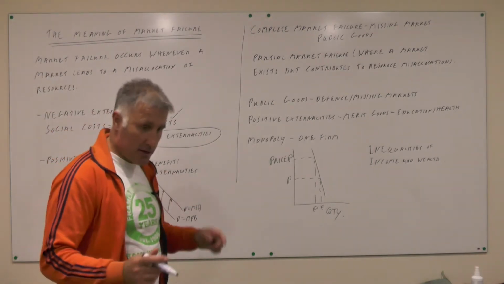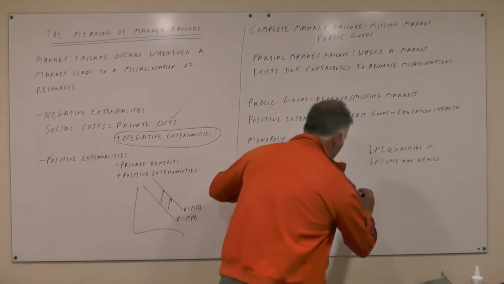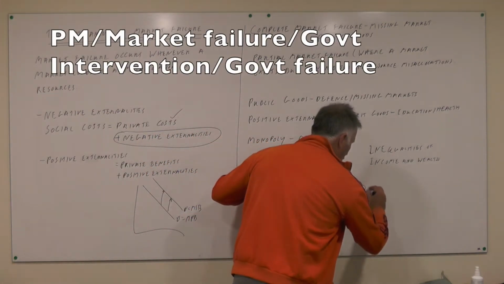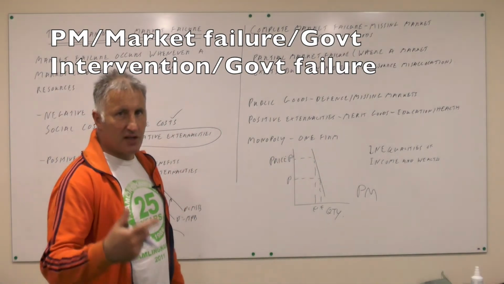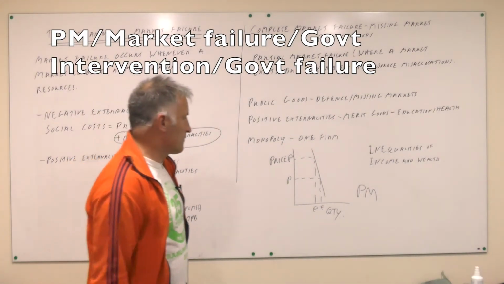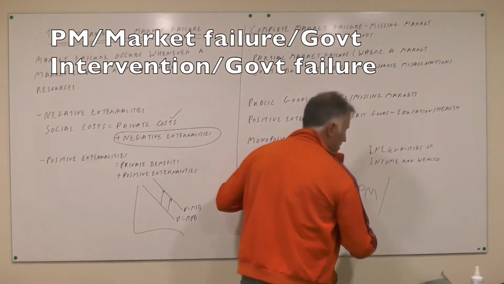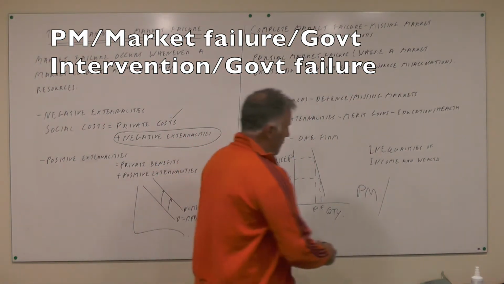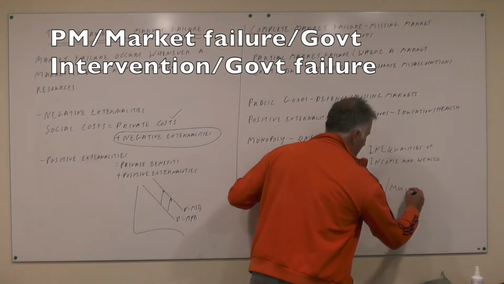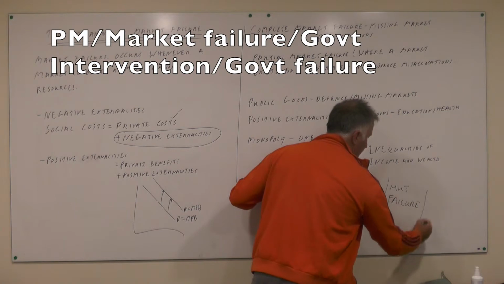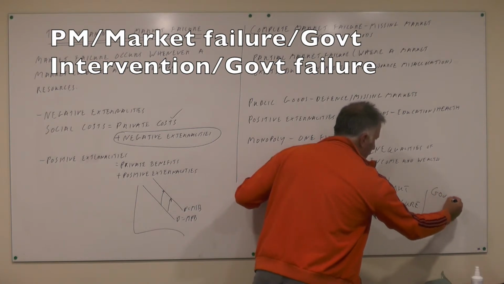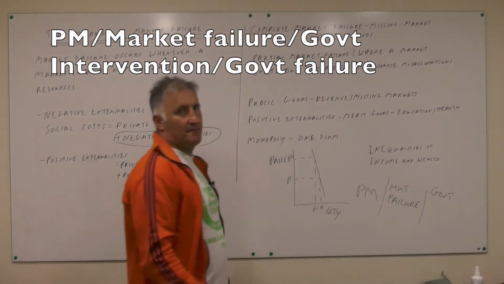So what we have, in reality, is the market system, or the price mechanism, which has a rationing function, incentive function, and signalling function. All right? It's not perfect, it's pretty good. So there is market failure. And because there is market failure, the government will then intervene.